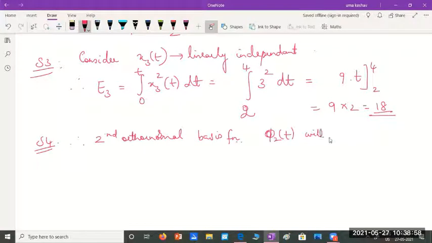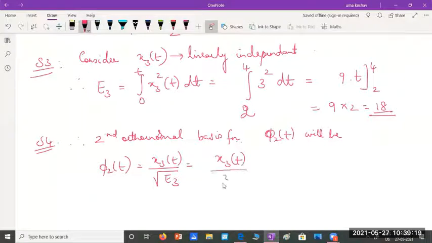will be, you compute phi 2 of t as x3 of t divided by root of E3. Just like how we computed there, x2 of t divided by root E2, x3 divided by root E3, or x3 of t divided by 3 root 2.